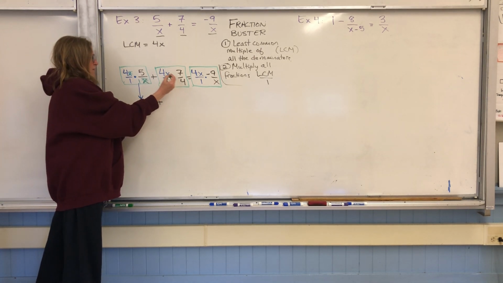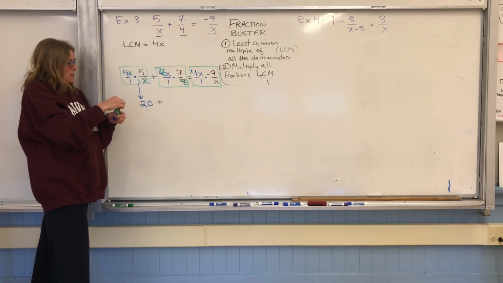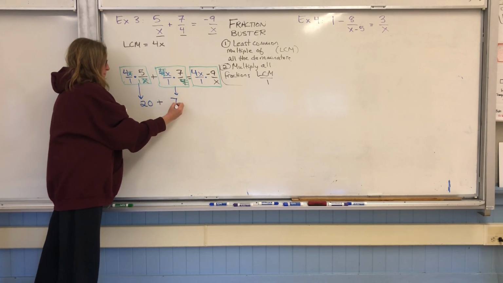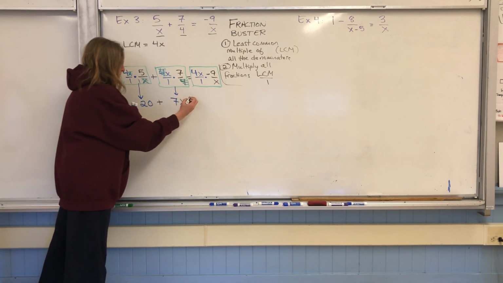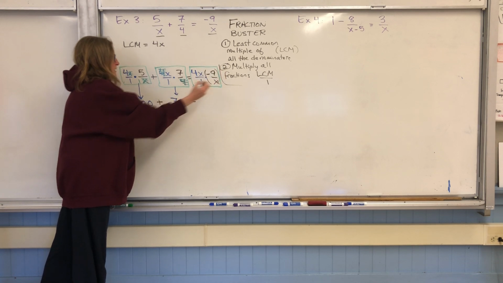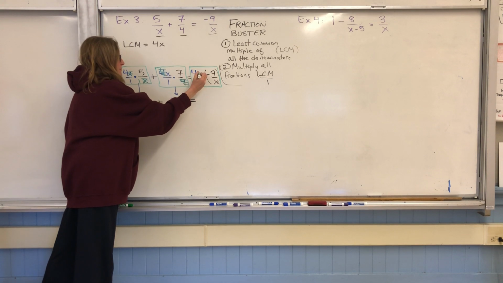So notice here, what's on the top and the bottom? Well, 4 is on the top and the bottom. So now all I have is x times 7. So that gives me 7x. And then on this side, sorry, I have to make sure I can see that's multiplication. On this side, I can cross out the x.